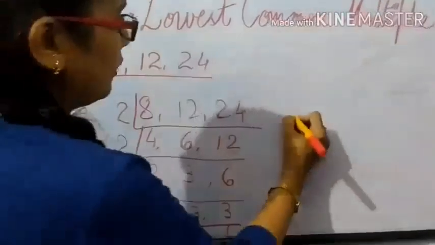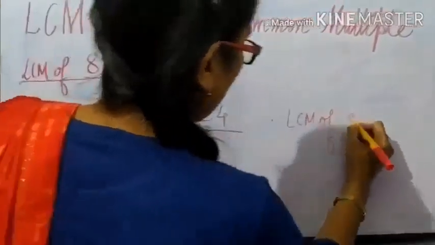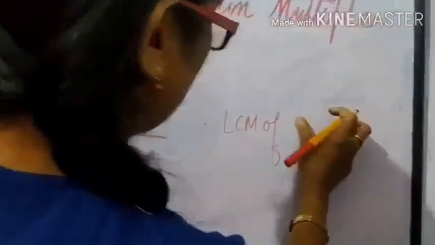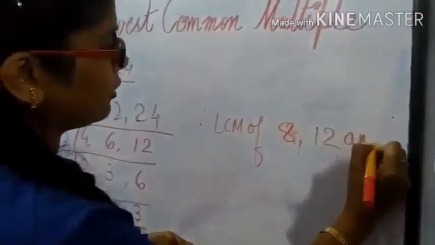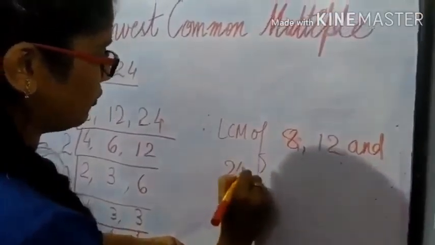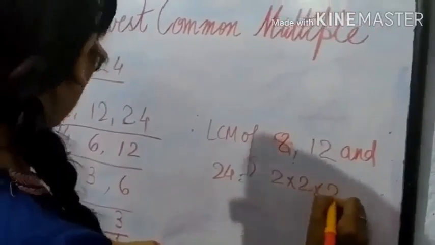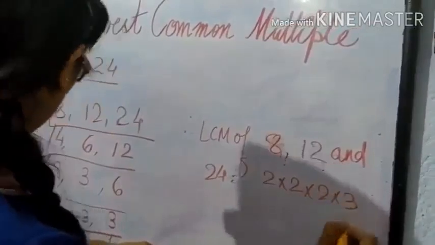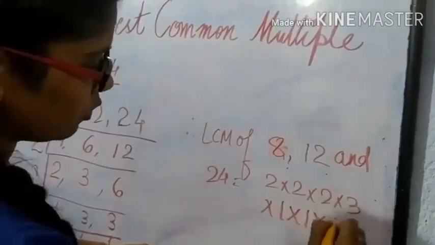So LCM of 8, 12 and 24 is 2 into 2 into 2 into 3 into 1 into 1 into 1.